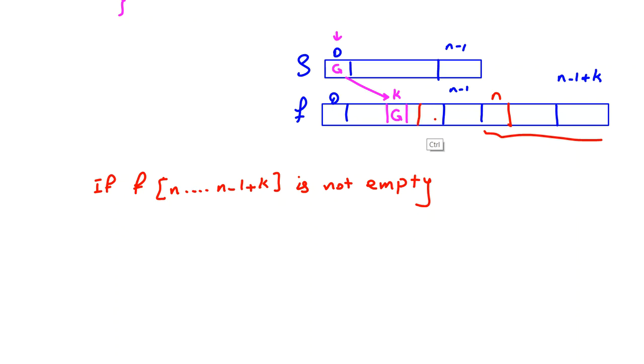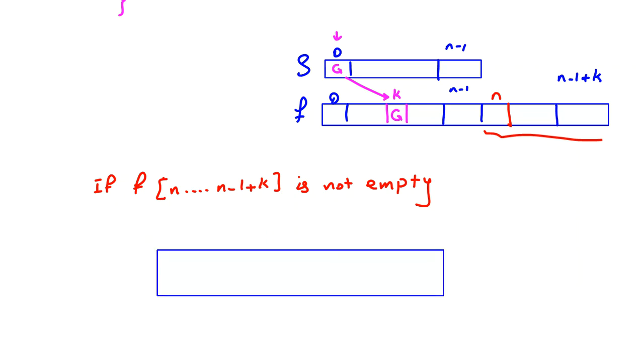And let me tell you something. If, for example, here, after this part, it is f, this one is n minus 1, and after that, for example, here we have g, here we have h. I want to say that the last two things are not empty, and we know n is at least 2.